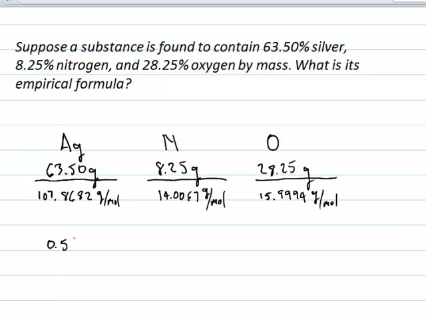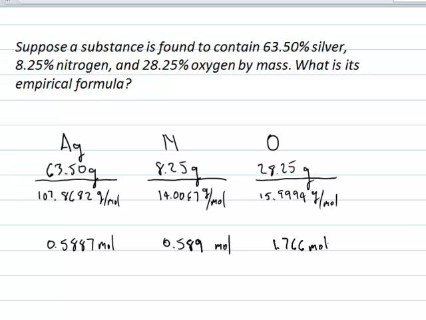You get 0.5887 moles of silver. We get 0.5887 moles of nitrogen. I'm sorry, 0.5887 moles of nitrogen, and 1.766 moles of oxygen.